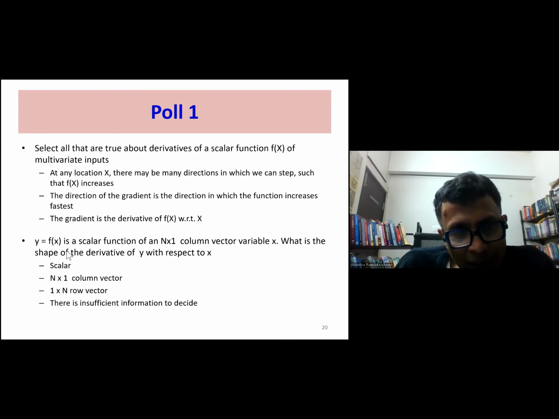False. If y equals f of x is a scalar function of an n cross 1 column vector, what is the shape of the derivative of y with respect to x? It's going to be 1 cross n. Perfect. So we got this, right?